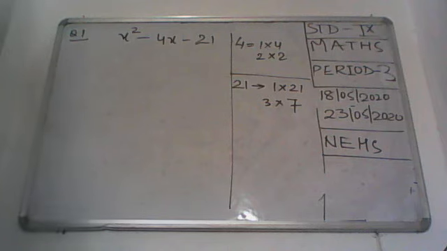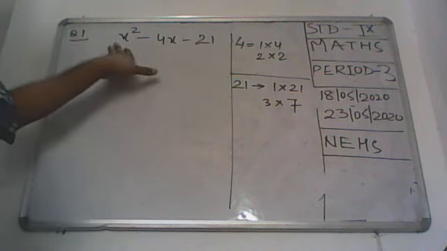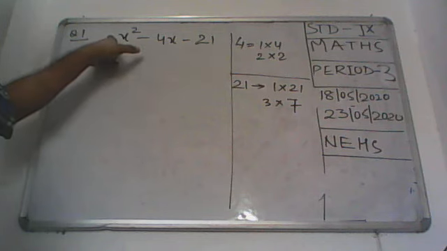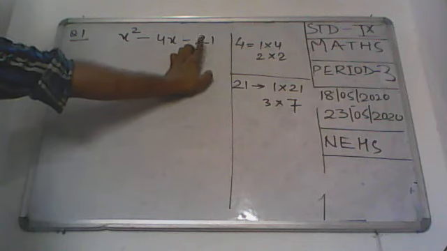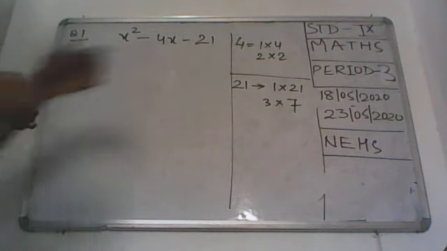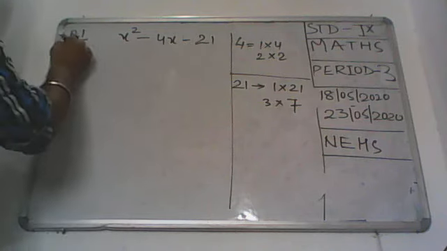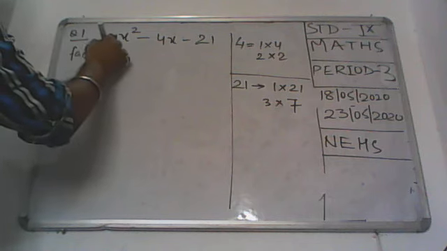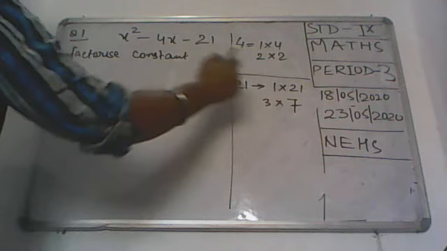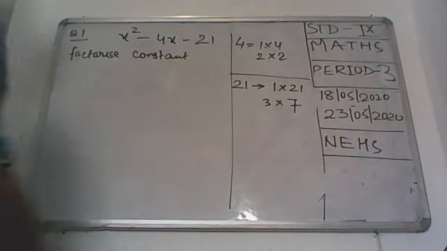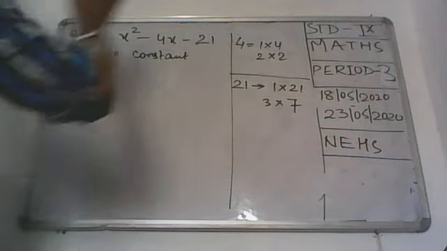For that, in this type of question where there is no coefficient of x square, you have to factorize the constant. We have factorized it: 3 and 7, 1 into 21.